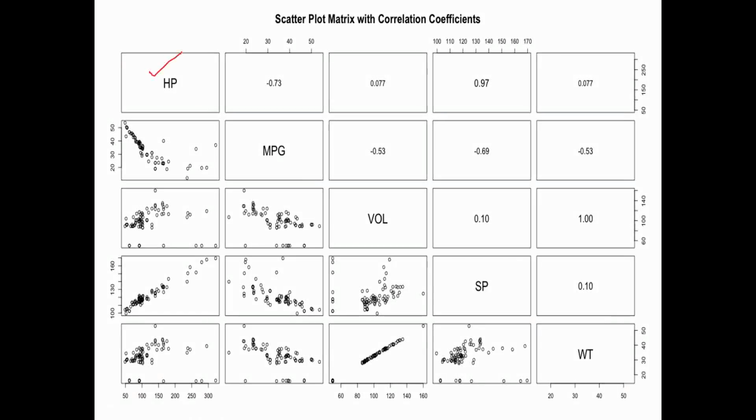What is the relationship between HP and miles per gallon? Seems like it's a negative correlation. Yeah, right, Aditya. So Aditya says HP and SP, there is a strong positive relationship. Here we have horsepower and here we have your SP.